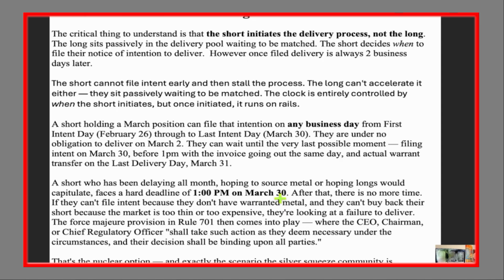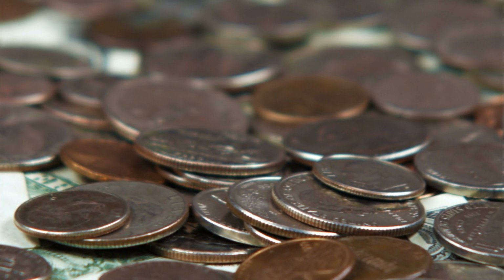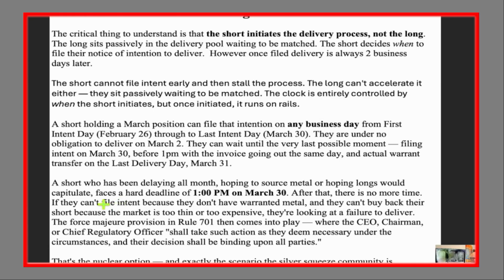They have to have either closed their position by buying back the futures contract, if it's available from one of the longs, or they have to give notice to deliver by 1 p.m. on 30th of March. After that, there's no more time. And if they can't file because they don't have the warranted metal, and they can't buy back their short because the market's too thin or just too expensive, then they're looking at a failure to deliver.